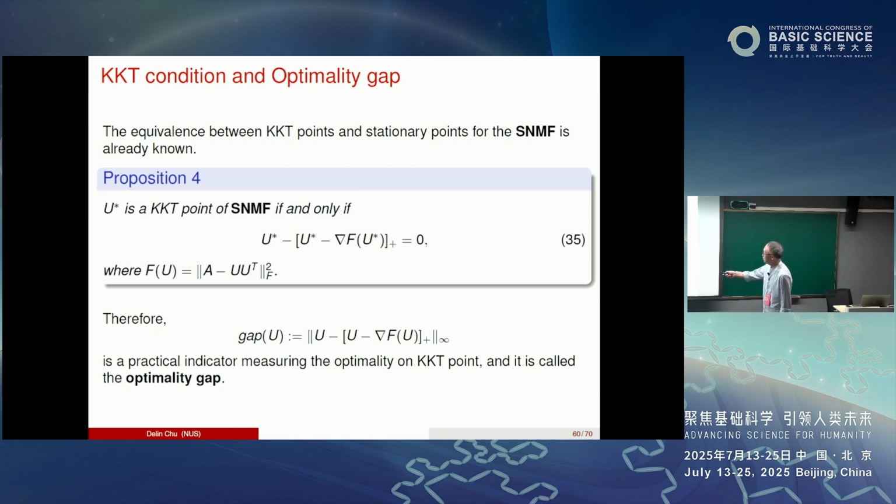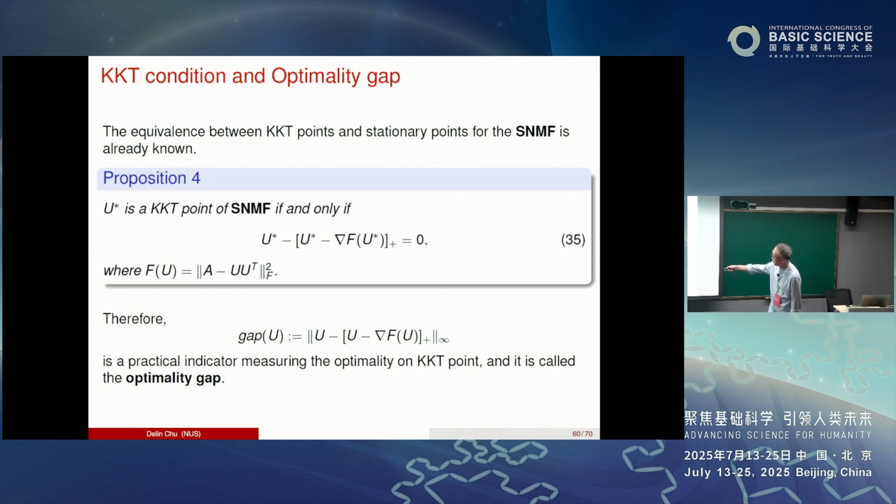Now we show U star is a KKT point of our symmetric non-negative matrix factorization if and only if this equation holds true.